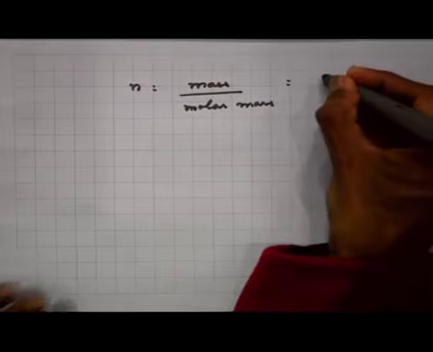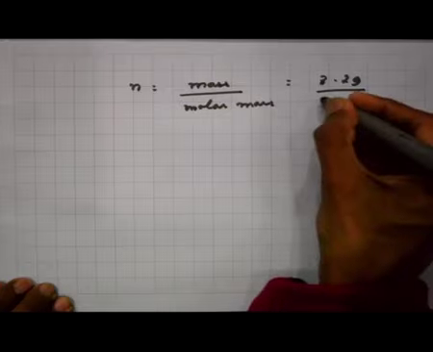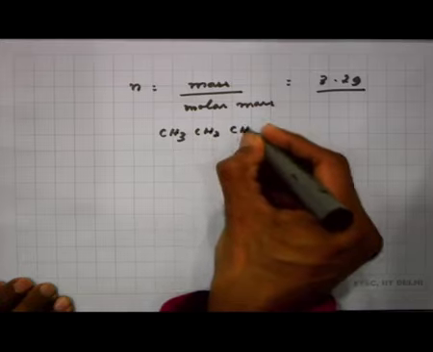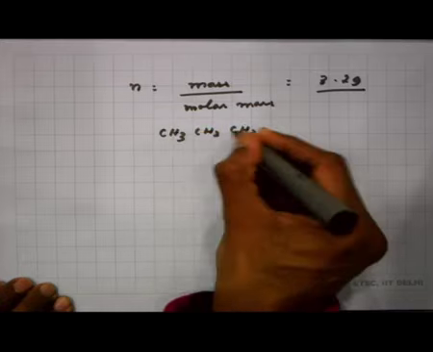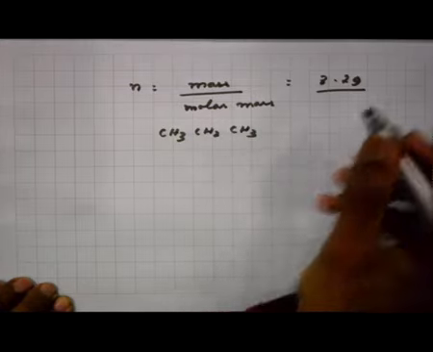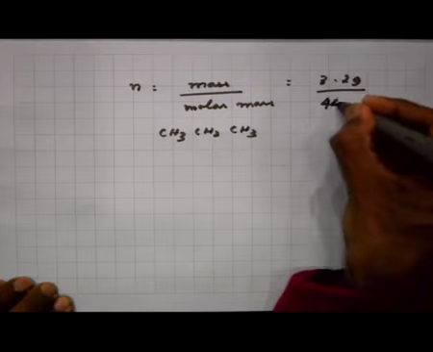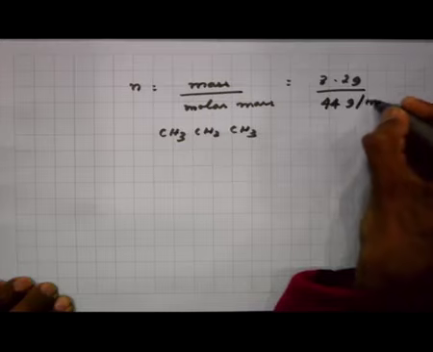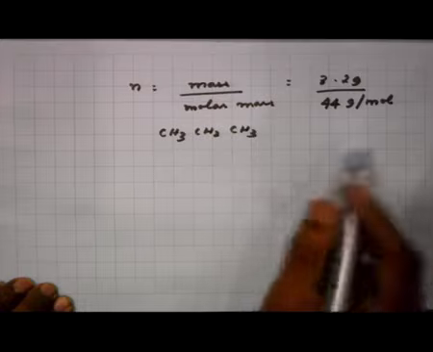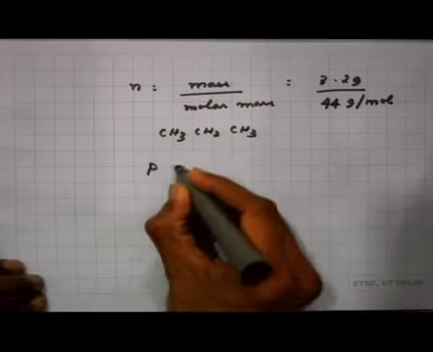So, this is 3.2 grams divided by the molar mass of propane, CH3, CH2, CH3, that is 15 and 15, 30 and 14, that is 44. That is the number of moles of propane, and we can now solve for the pressure.